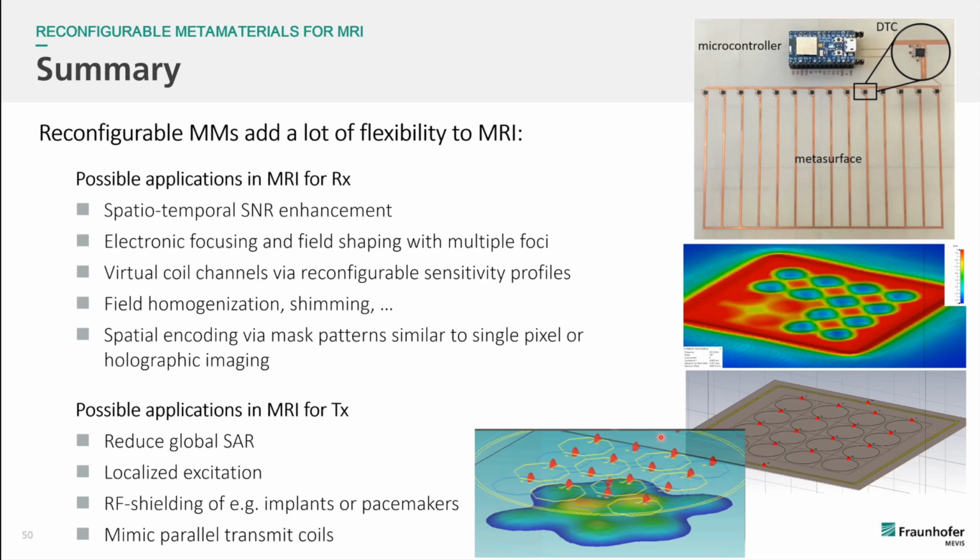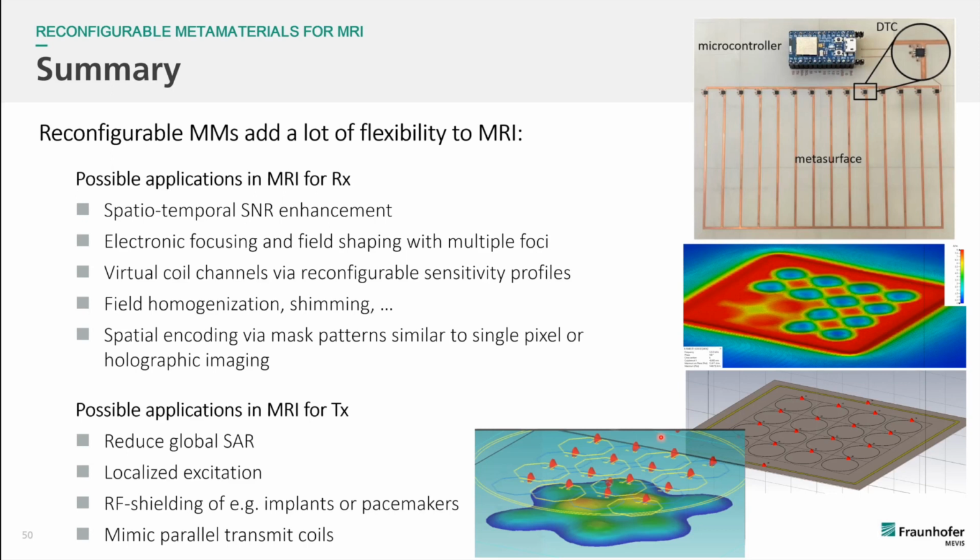You can build something which is similar to a very flexible virtual coil setup, which allows you, with an individual coil or coil array, to modify the coil sensitivities in different ways.